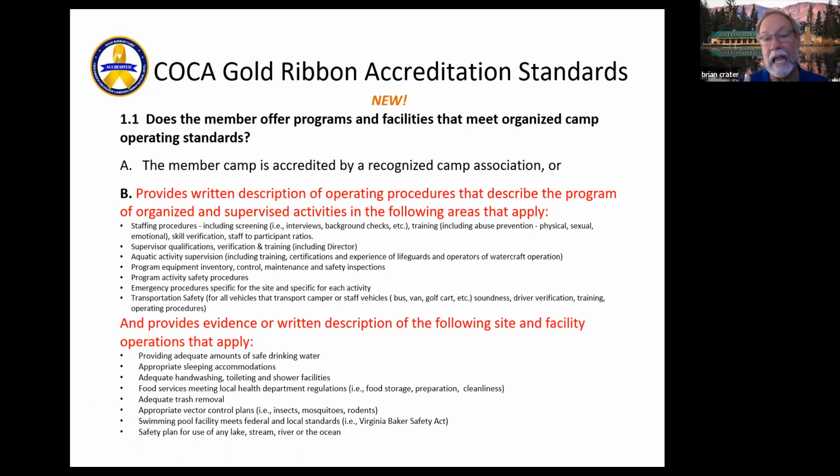To that end, within the COCA standards, there is also a worksheet to determine that: what is a facility responsible for, and what is the camp responsible for? It helps provide guidance with regards to whether they need to pursue in 1.1 some written documentation for whichever side is not accredited, so they can see what that line is. Because just because the camp facility you're using is accredited doesn't mean that the member camp is accredited.